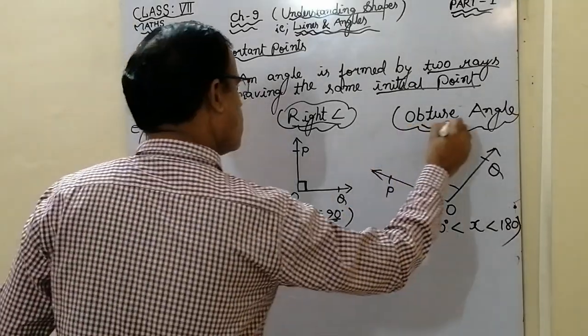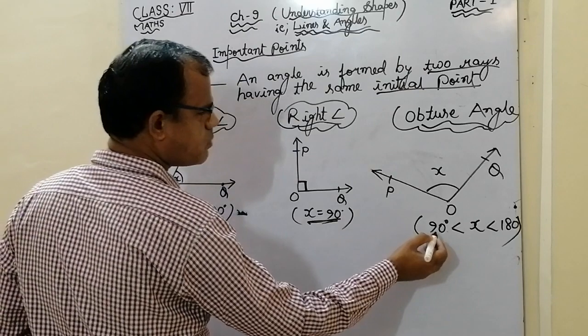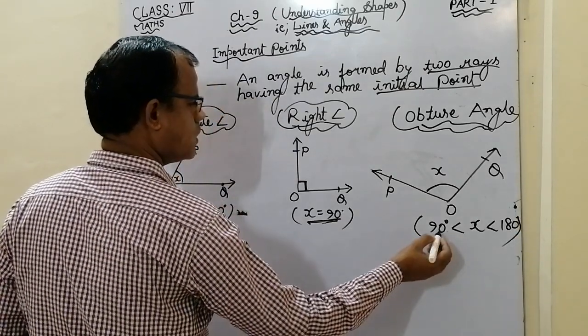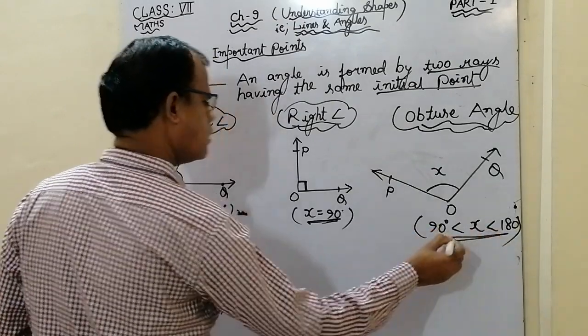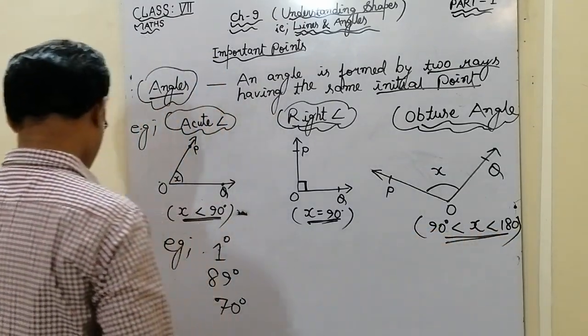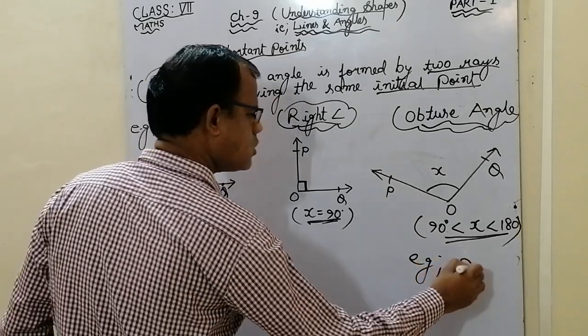And next, obtuse angle. An obtuse angle is between 90 and 180, more than 90 and less than 180 degrees. Can you say some examples? Is 91?